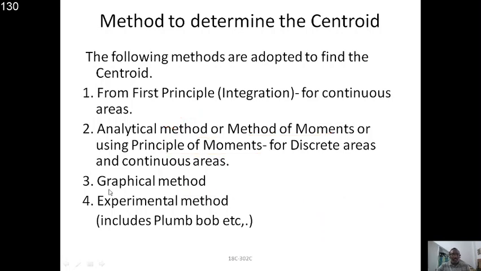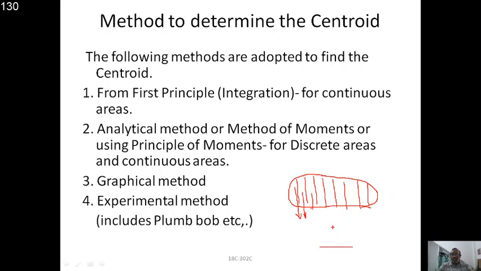And the third is the graphical method, in which you need to draw the same areas, divided, and for each area you have to find the resultant. In the graphical method, you have to draw the area, its intensity where it is, and its area, how much, like that.